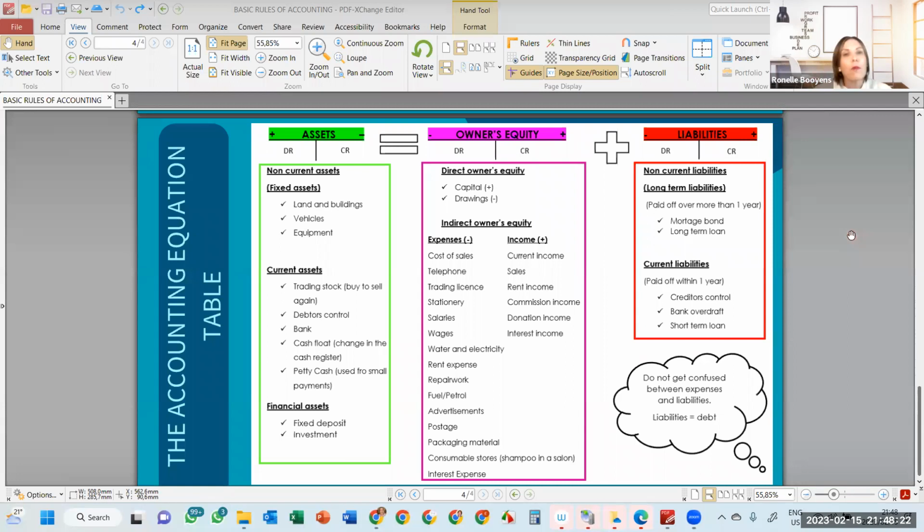So I tell my students, go sit down, study this until you know it from the top of your head. If I wake you up at night, you must be able to literally recite everything that's on this page.